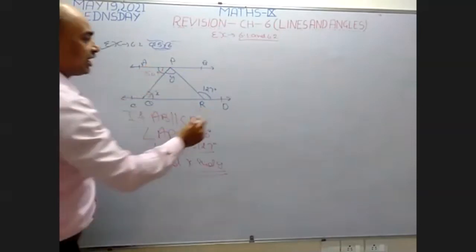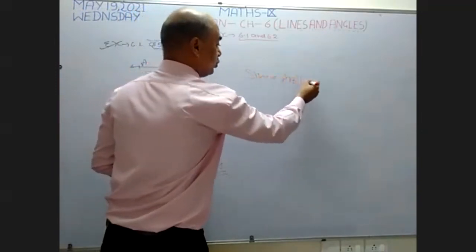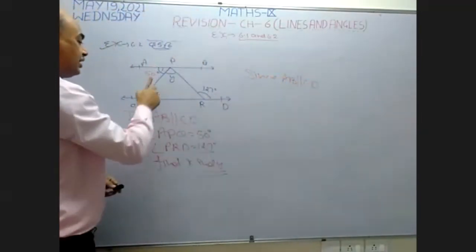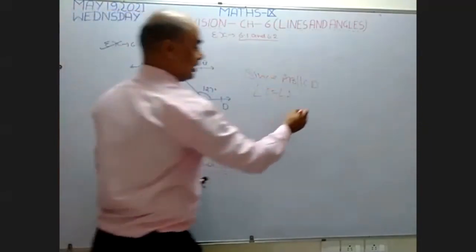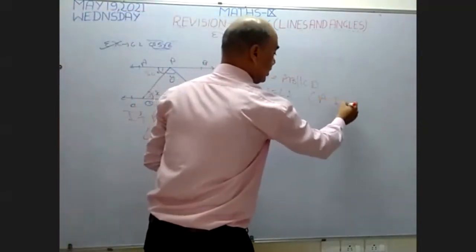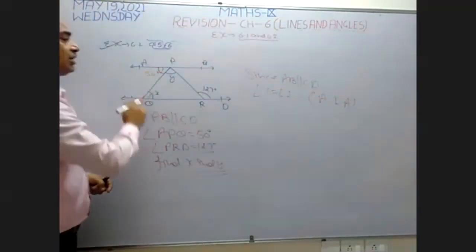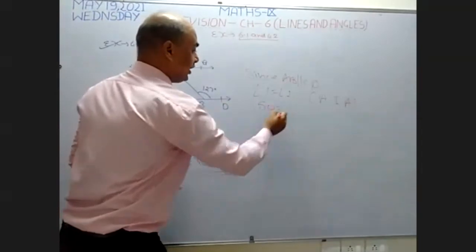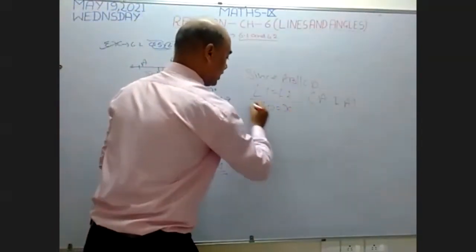The question starts from here. Since AB is parallel to CD, angle 1 and angle 2 are equal. The reason: these are alternate interior angles. The value of angle 1 is given as 50 degrees, and angle 2 is given as x. So the value of x becomes 50 degrees.